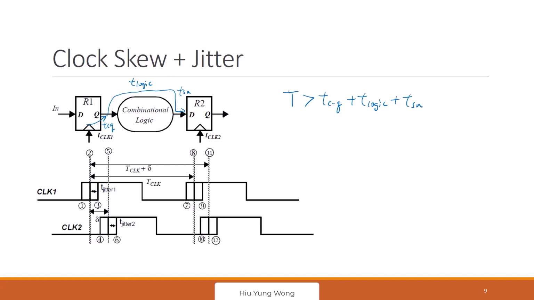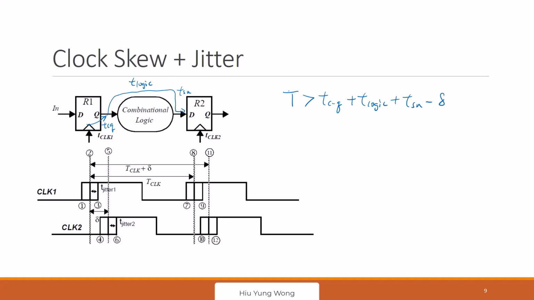And we just say that with skew, what is the equation? Let's say I have a positive skew. It means this one comes later. It allows me to have a smaller clock period, minus delta. If you forgot, cheat sheet, Google, whatever.